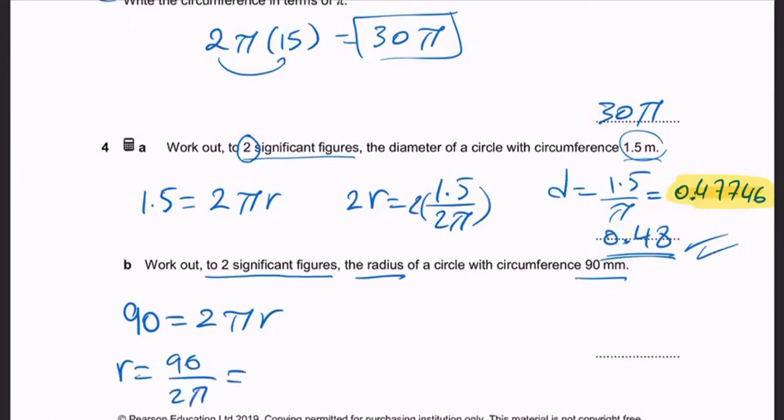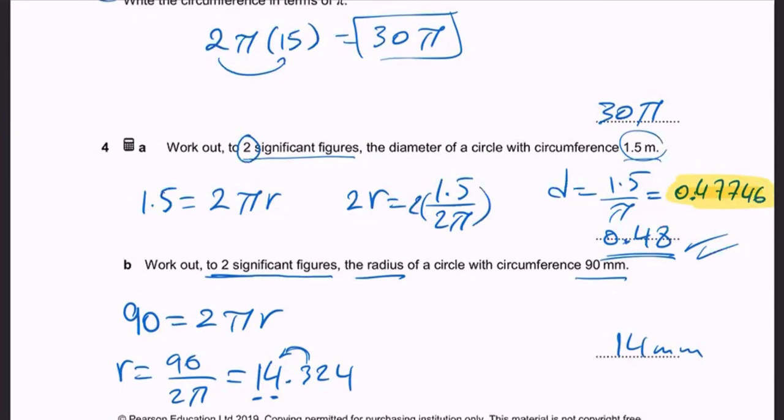Let us go to the calculator. 90 divided by 2 pi equals 14.324. 2 significant figures means 1, 2, and 3 will not affect it, so it is 14 millimeters. You got it? The approximation also?